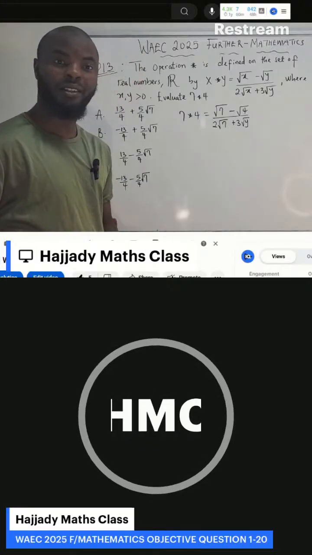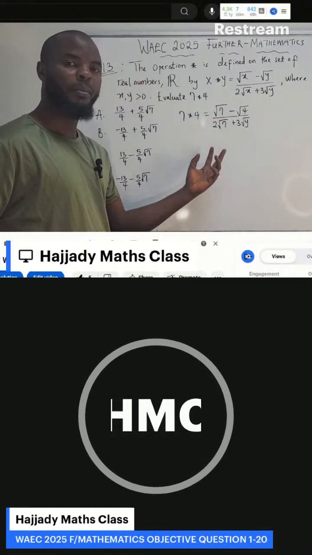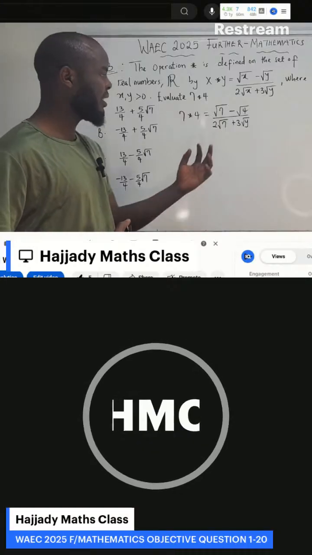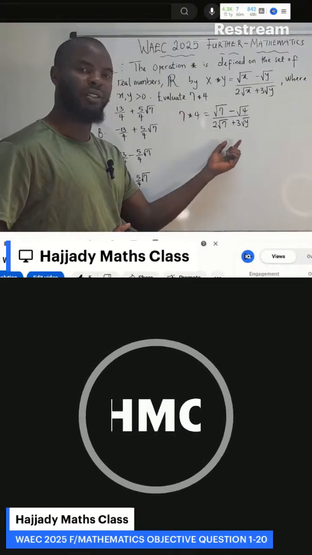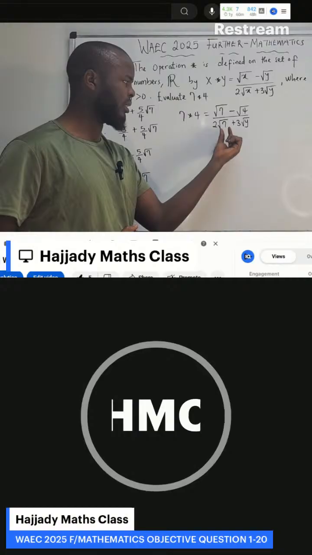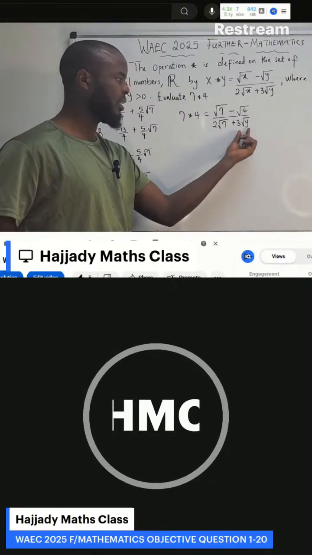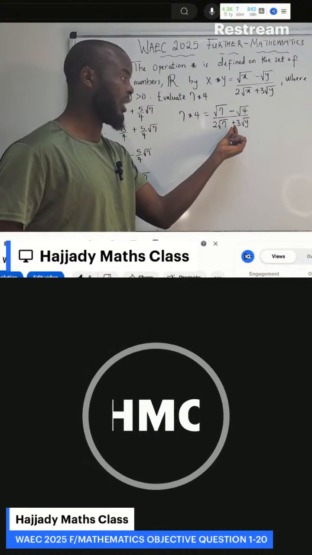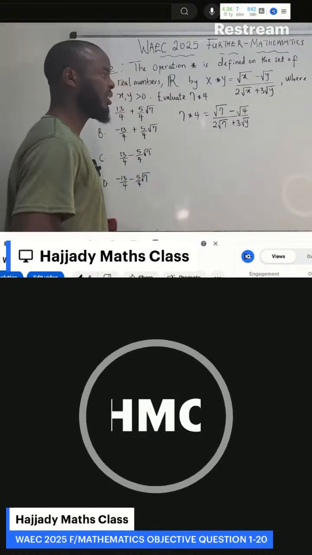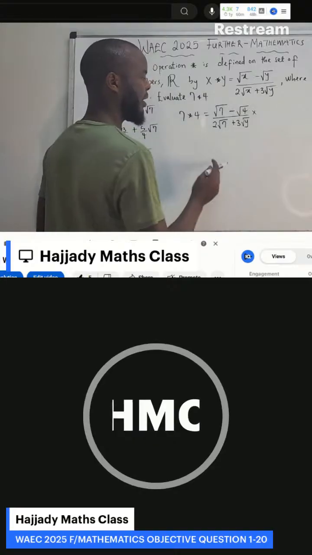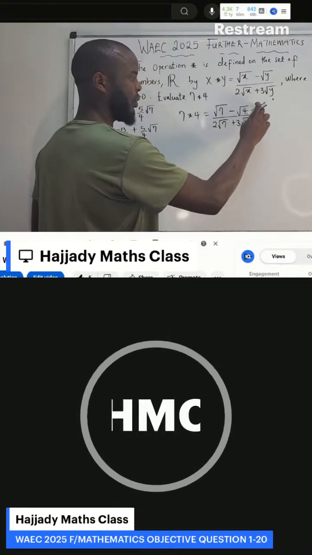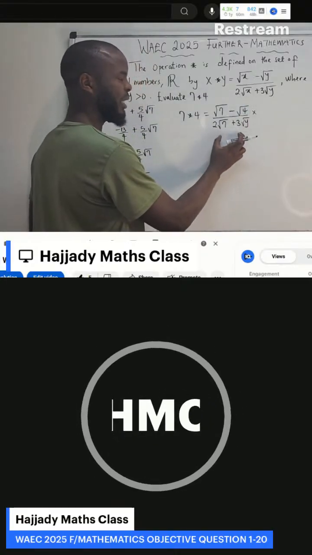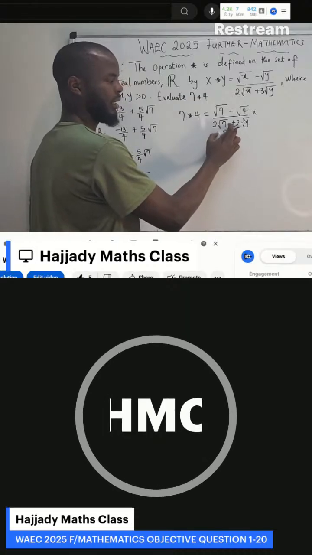After this, what next? This is a surd. And when you have a surd problem, the next thing you have to do is to what? Rationalize. Why? Because look at it. You're having 2 separate surds here, separated by addition. So you have to rationalize to get rid of this surd. So here we multiply both numerator and denominator by the denominator, changing this sign.